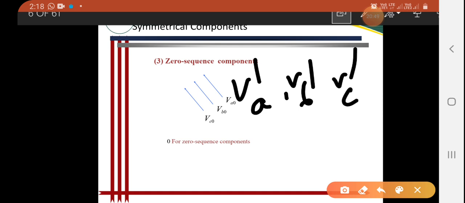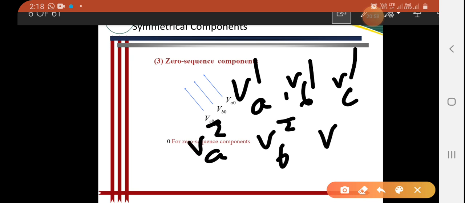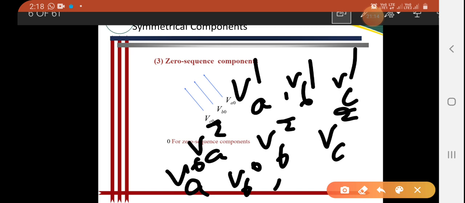Similarly, the negative sequence components can be written as VA2, VB2 and VC2, and the zero sequence components can be written as VA0, VB0 and VC0.